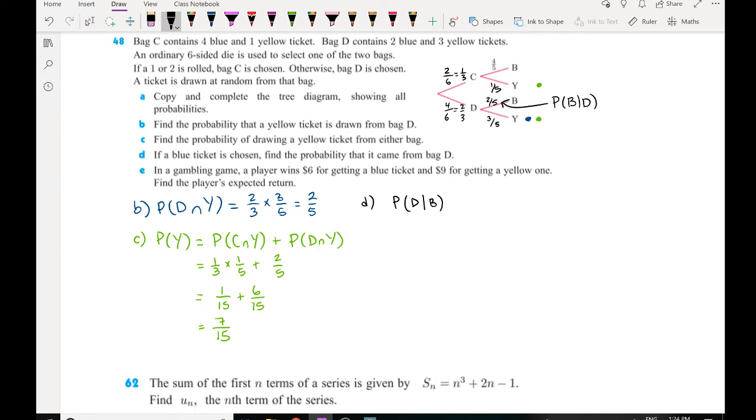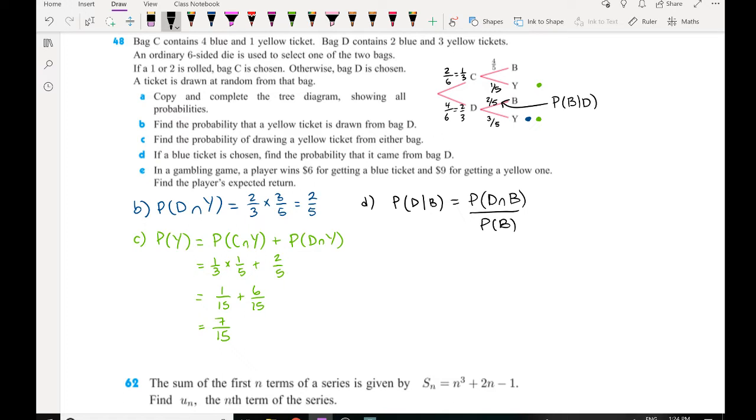So anyway, the probability of D given B is the probability of D and B, so the probability that it is blue from bag D, divided by just the overall probability that it's blue. This question is a little bizarre. I don't feel like the IB would have actually structured it this way on an exam.